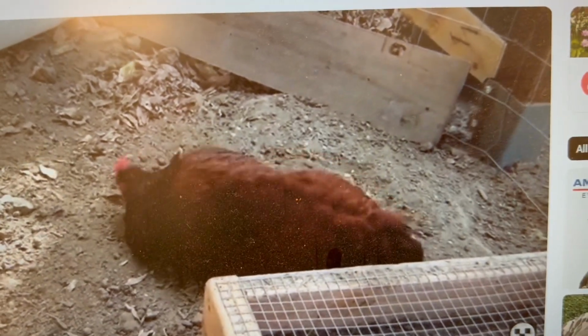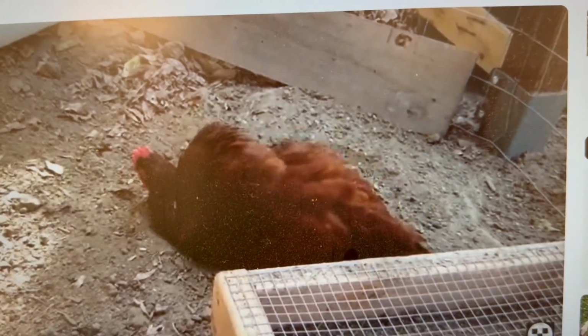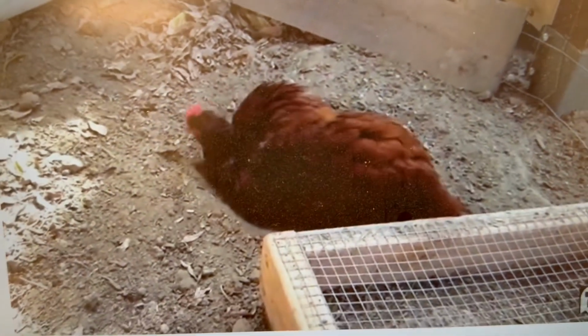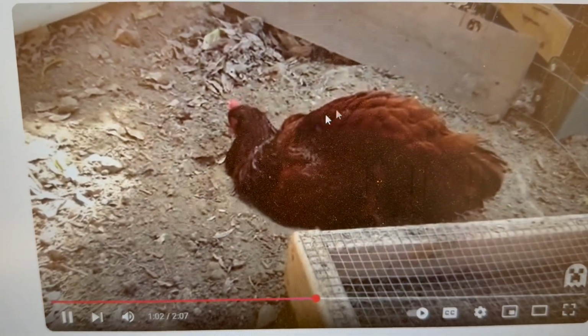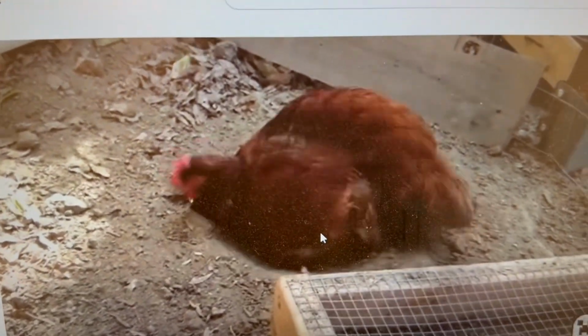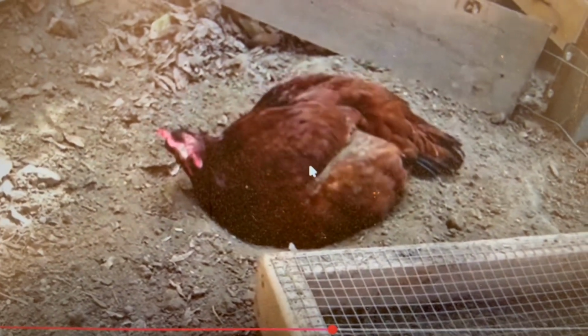So what they do is they get in the dirt, they kick it all up, it goes in between every feather, and it creates almost like an oil, a layer of oil around their feathers so that they don't have things like mites and parasites stick to themselves. Isn't that cool? So they do this every day. They'll get out there and they'll kick themselves up some dirt and get it in between all their feathers to keep themselves nice and clean.